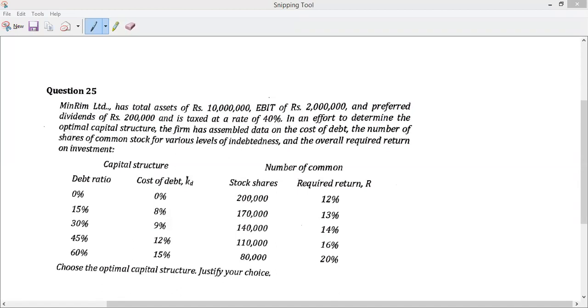Perfect. Great. Which one is better? It will be the highest EPS, right? If you go by highest EPS, which one is the highest EPS? Highest EPS is at debt ratio 45%, and the EPS comes to 6.14.